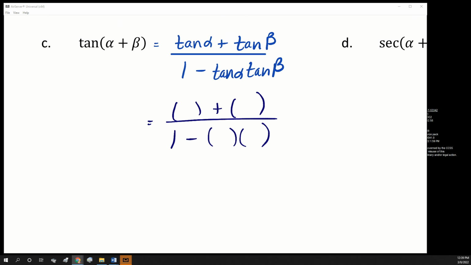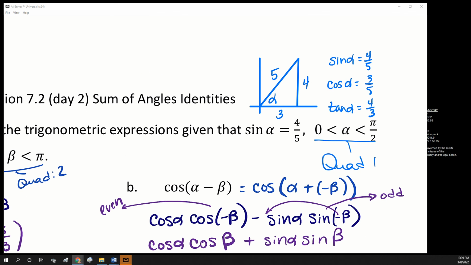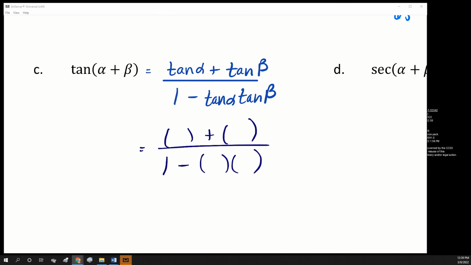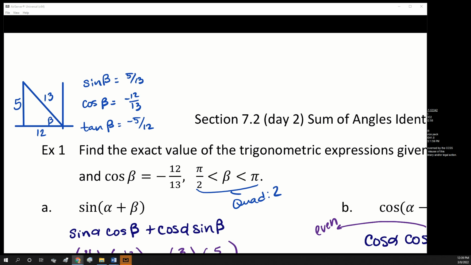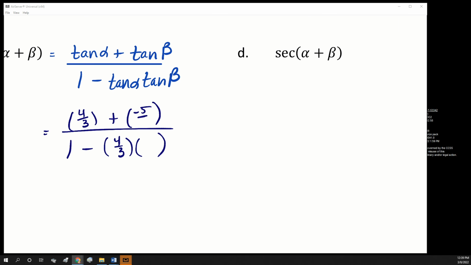And at the beginning of the problem, we figured out what all these things were. So for tangent of alpha, I'm going to put in 4/3. So that's two different places I have to put that 4/3. And then tangent of beta is negative 5/12. Two places to fit that.